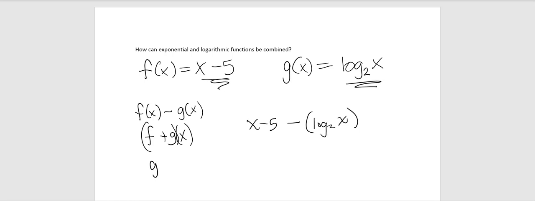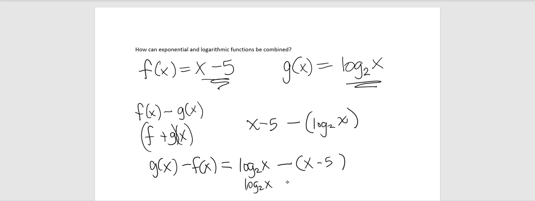If we did g of x minus f of x, then we would start with the g of x function, log base 2 of x, minus all of the f of x function, which is x minus 5. We could go ahead and remove the parentheses there, so g of x minus f of x equals log base 2 of x minus x plus 5, since we're distributing that subtraction sign.